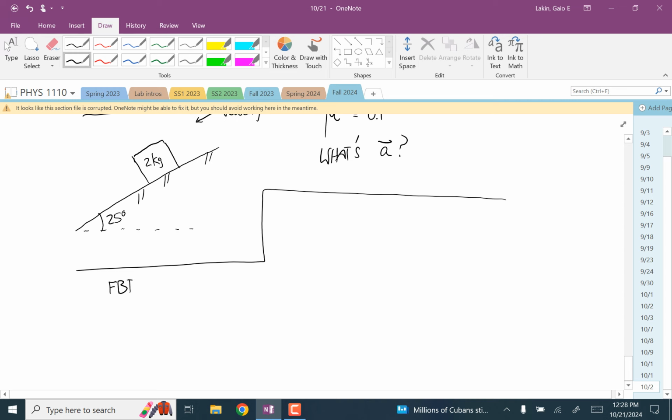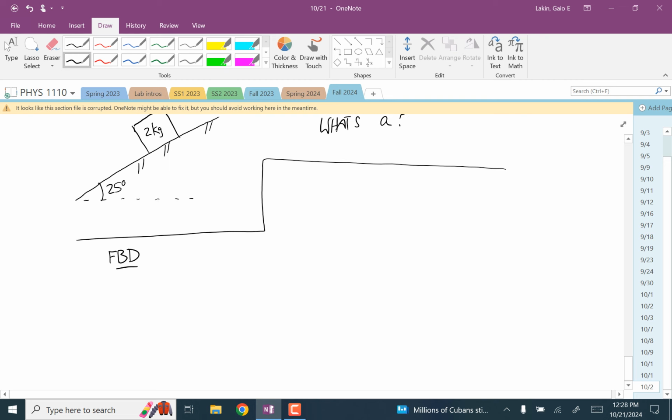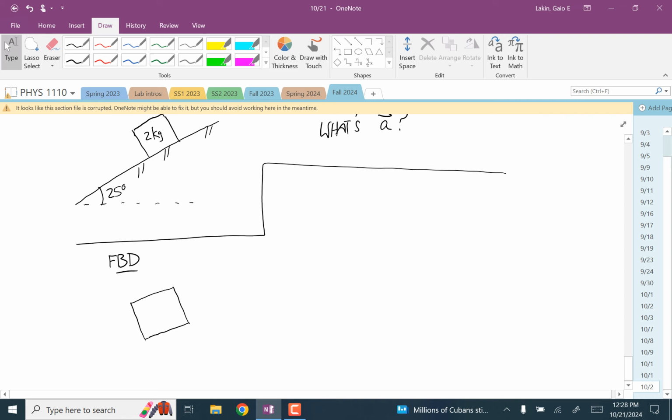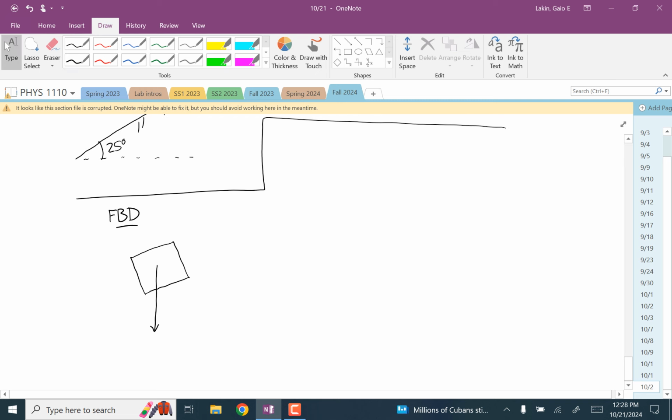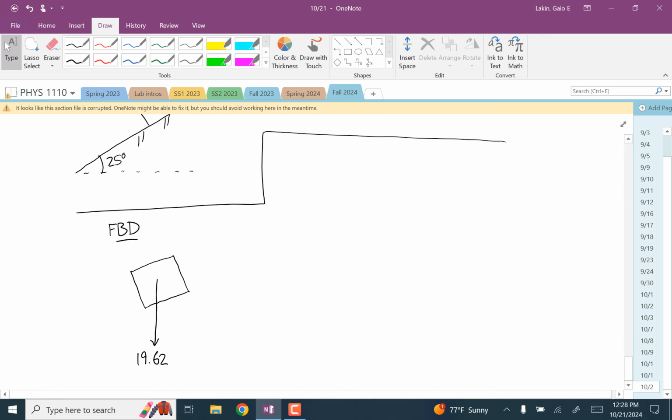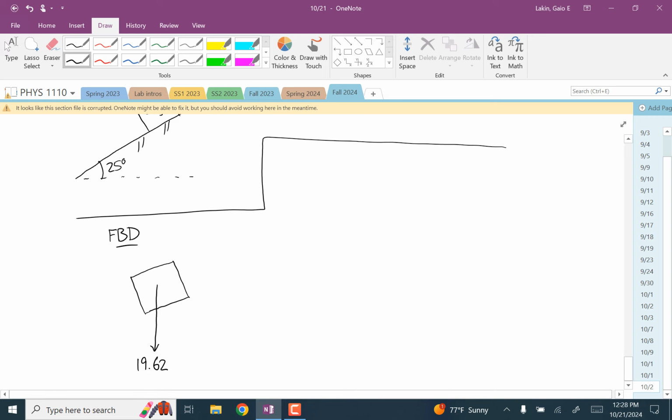So free body diagram. We have a weight force down. So that's 2 times 9.81, so 19.62. And then the only other place where there's contact is at the ramp. And that takes place in 2 parts.